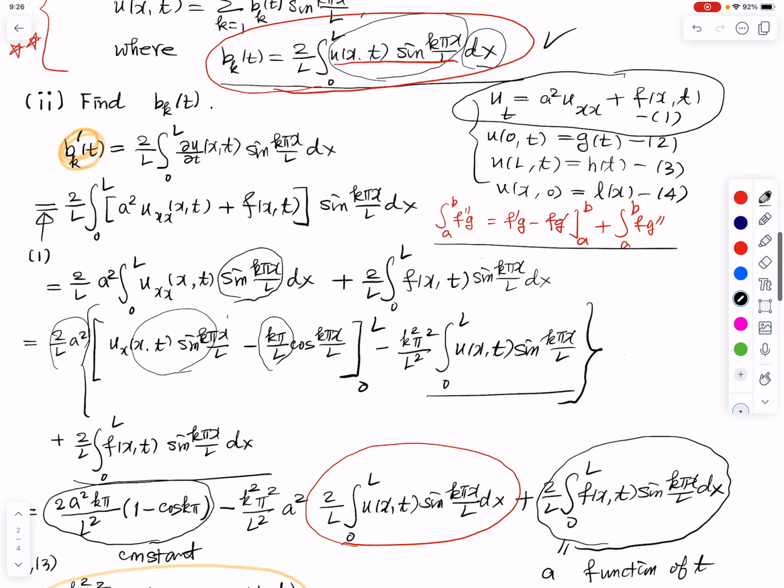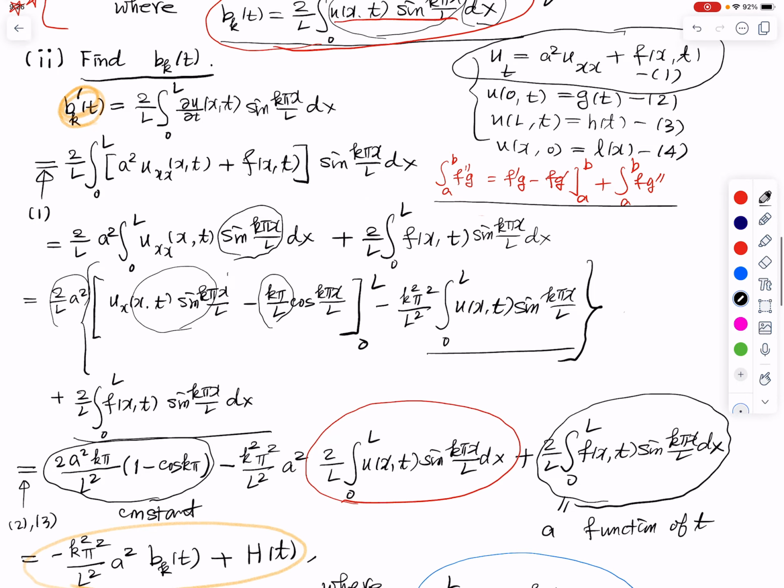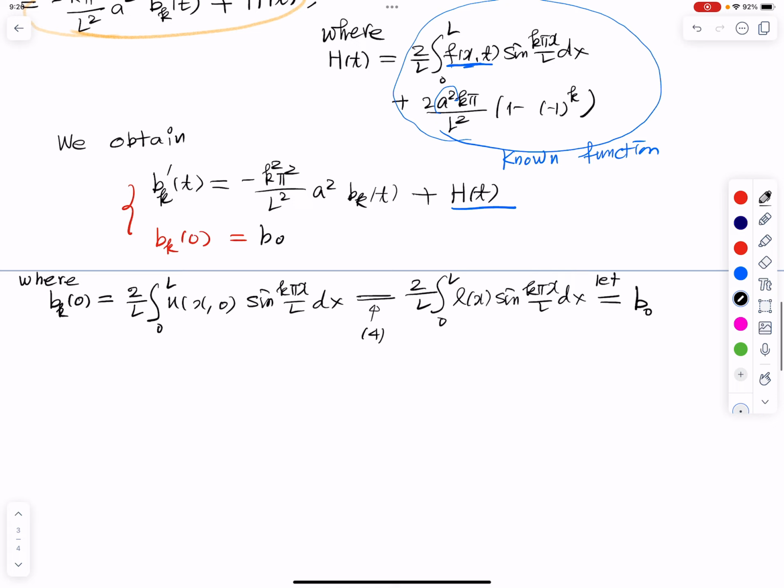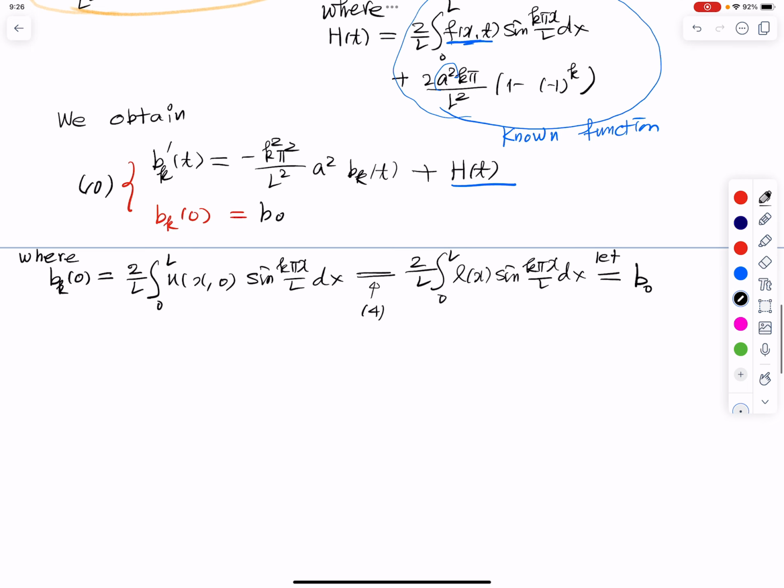Step 2 is you need to find bk(t). Then we need to solve this. Let me call this equation 10.